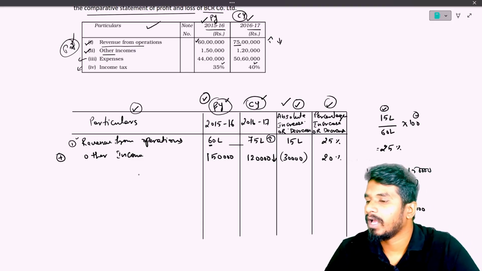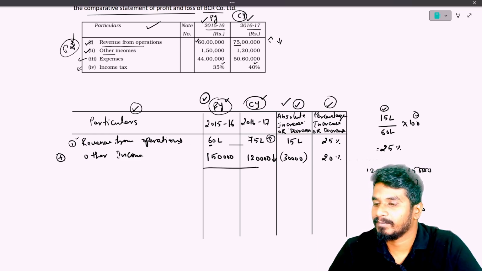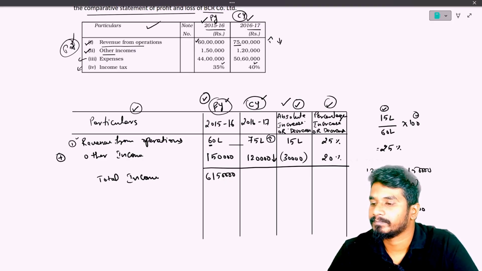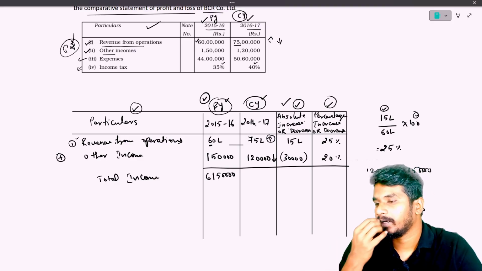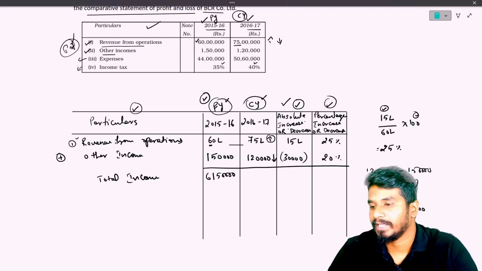Right. So now both the incomes you need to add. 61,50,000, that is 60 lakh plus 1,50,000. This will become total income. Now in 15-16 they have given revenue as 75 lakhs and other income as 1,20,000.